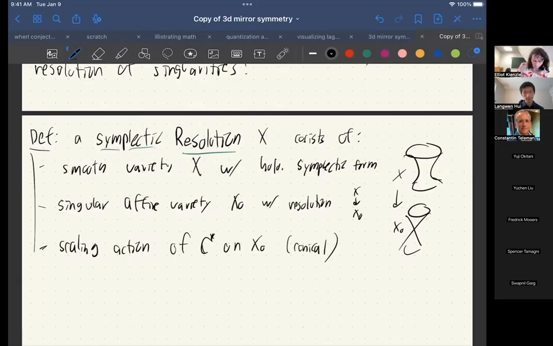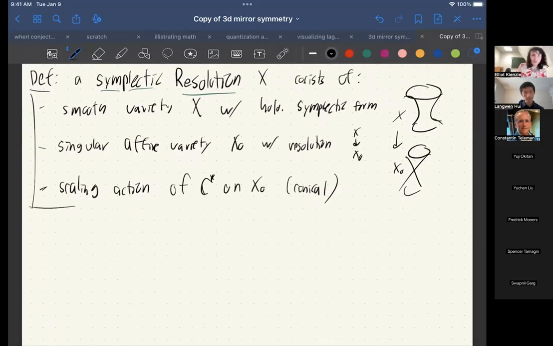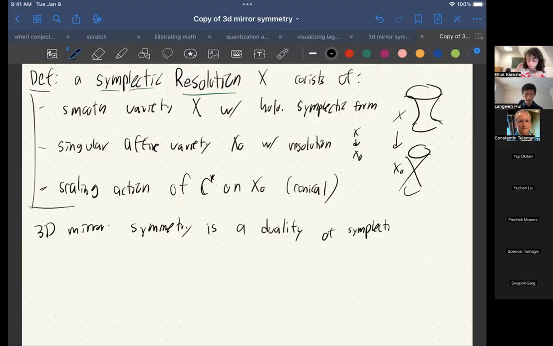Okay. Now, this is the subject of 3D mirror symmetry. So if we think about the objects that it has to deal with, it gives us a duality of symplectic resolutions, X and X check, okay?